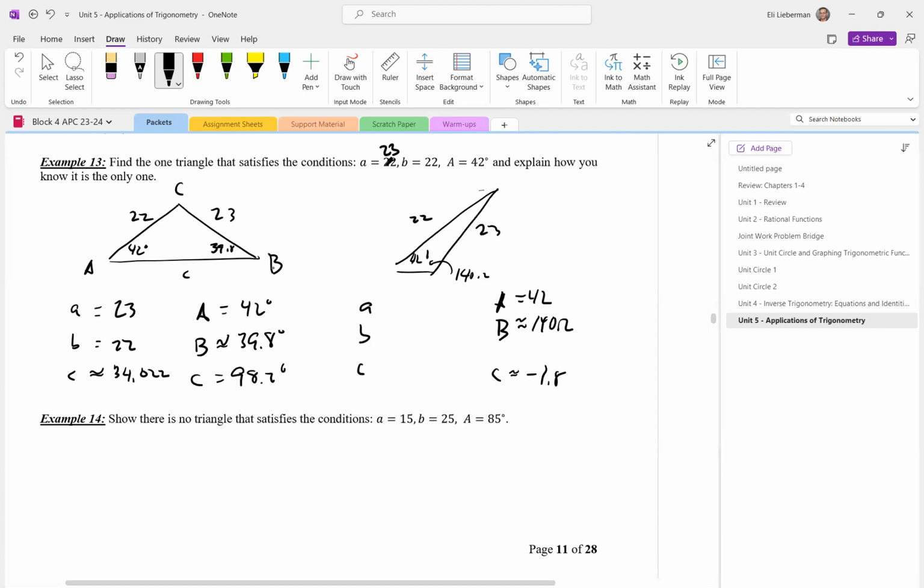If you run into an issue, please make sure that you stop. I think what I did is I just proved that there is no second triangle by proof by contradiction. Assume that there is another triangle.